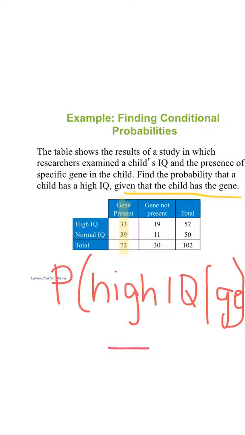So there are 72 people total that have the gene present. And of those 72, 33 of them have a high IQ. So the probability that a child has a high IQ, given that they have the gene present, is 33 out of 72.